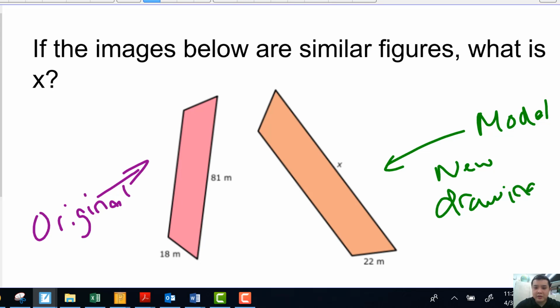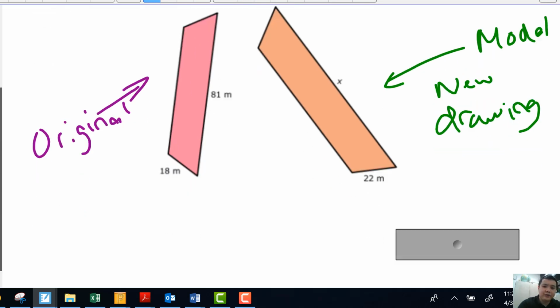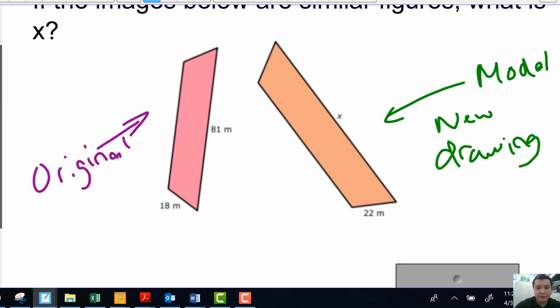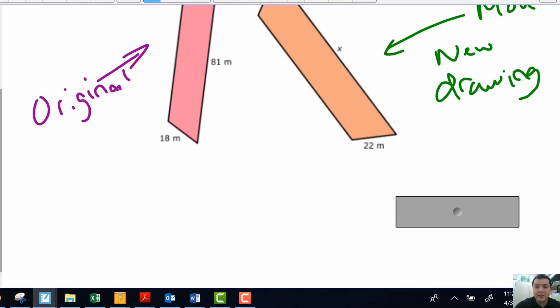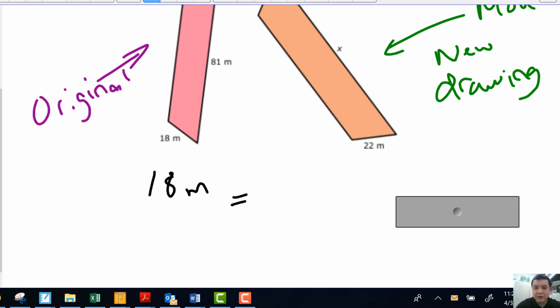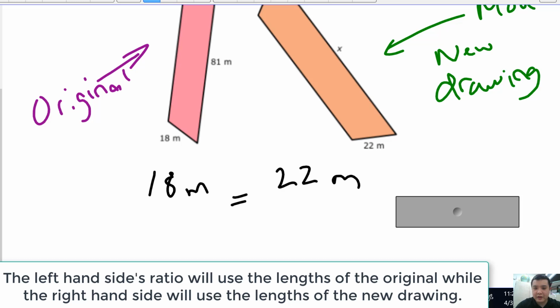So our scale is going to be, we know that 18 meters becomes 22 meters.